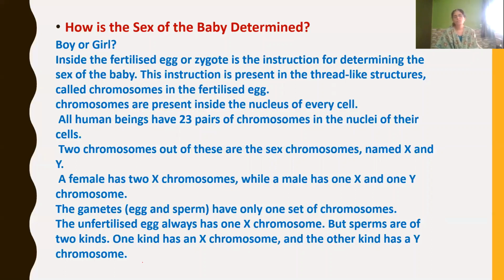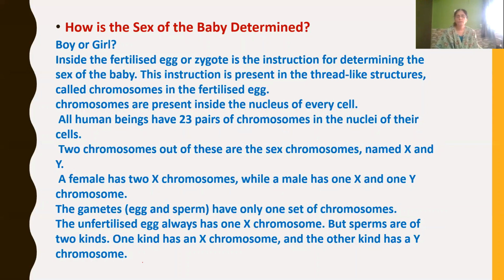In the chapter on cell structure and function, we learned about the structure of the nucleus. Inside the nucleus, there is a thread-like network structure called chromatin reticulum. During cell division, this thickens to become chromosomes. So chromosomes are present inside the nucleus of every cell.